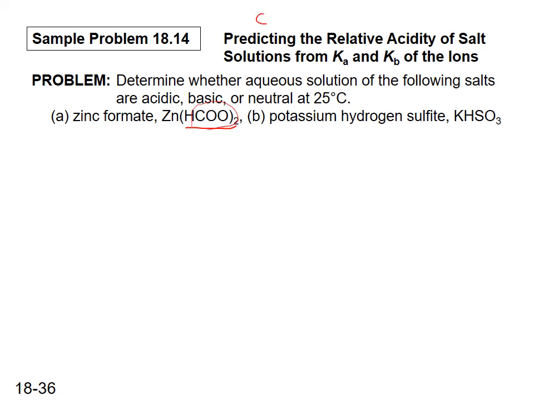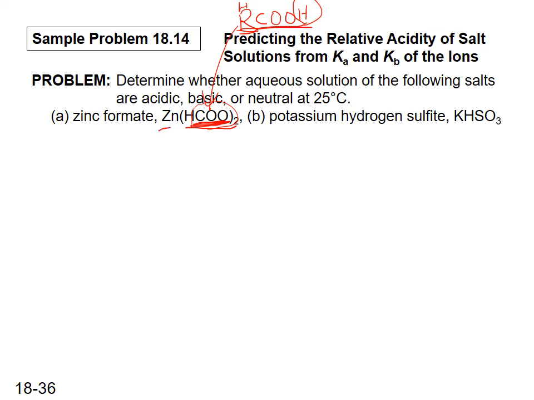Whenever you see COOH, that's an organic carboxylic acid, and you can have an R group. In this case, R is just the H. So that's the weak acid, and when you deprotonate, you get this anion. So the anion comes from a weak acid.